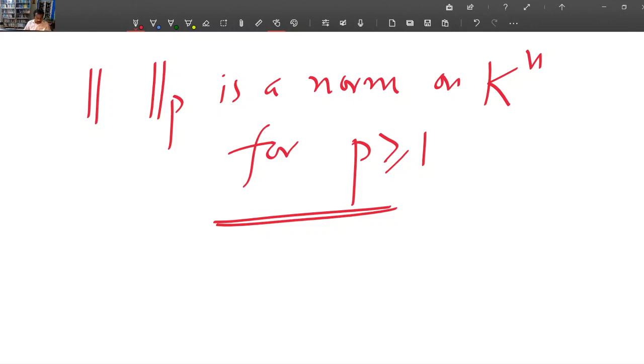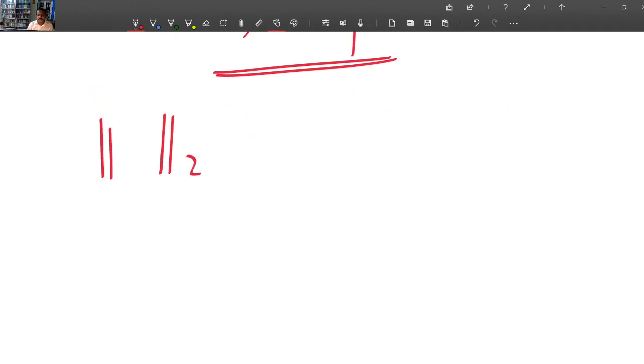And you know the 2 norm. So you have the 2 norm, and this is usually called the Euclidean norm, and it is defined like this.